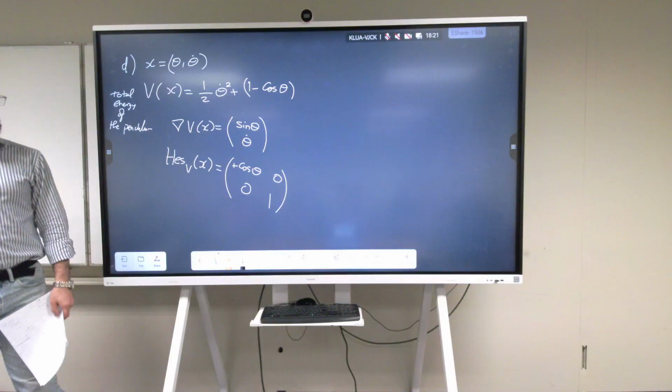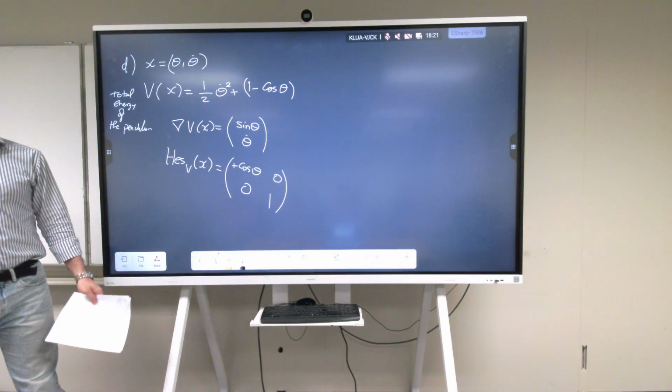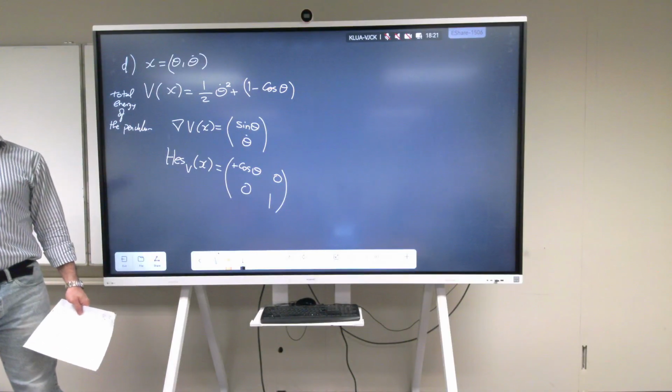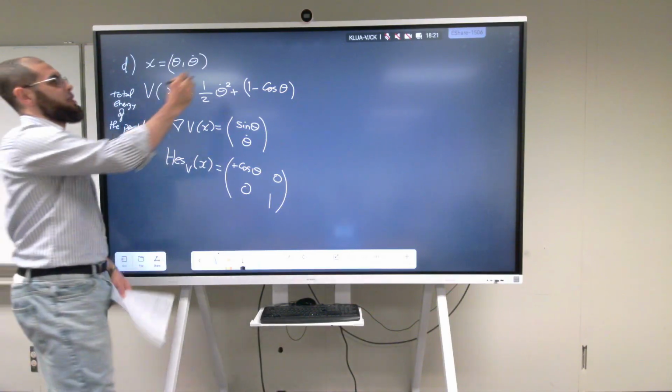Cosine theta. Is this the matrix we should evaluate? No. It should be evaluated at the equilibrium point you want to talk about. The pendulum had 2 equilibrium points, remember?